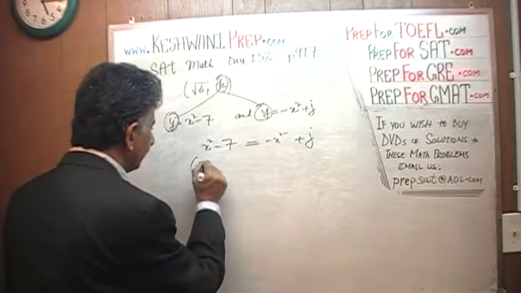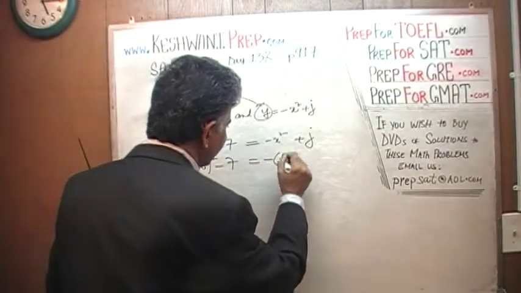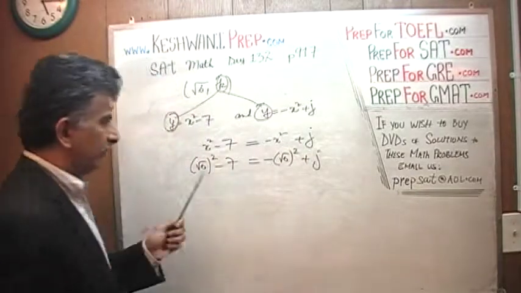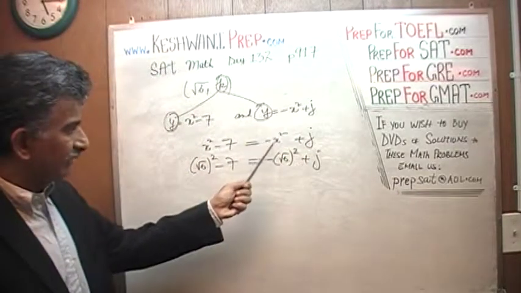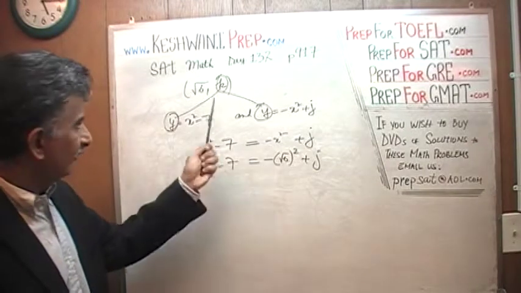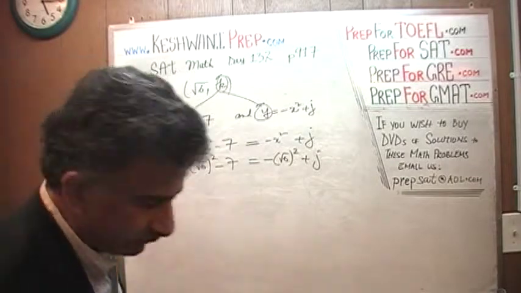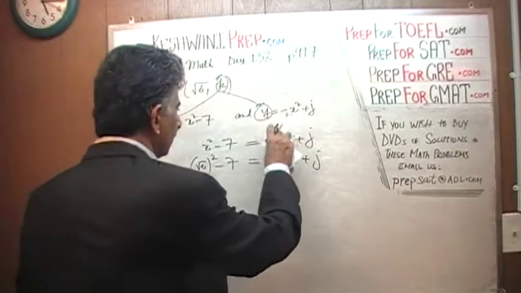So here we have root 6 squared minus 7, and here we have negative root 6 squared plus j. Now keep in mind, this negative is outside the x squared. In other words, x itself is not negative root 6. X is positive root 6, and this negative is outside x squared.